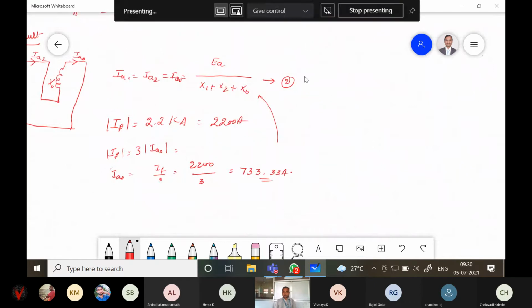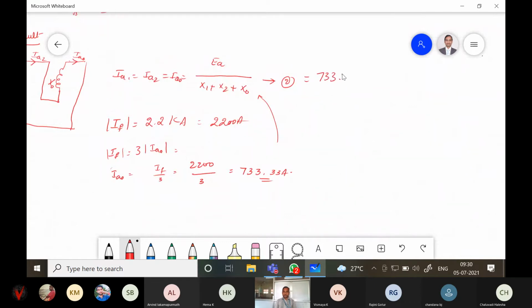IA0, which is 733.33, is equal to EA, the value of which is 2 kV, 2 into 10 raised to 3, divided by x1 and x2, which were previously calculated. x1 is 2 ohm and x2 we have calculated as 0.47, plus x0, which is to be calculated. So calculate x0 from this equation.